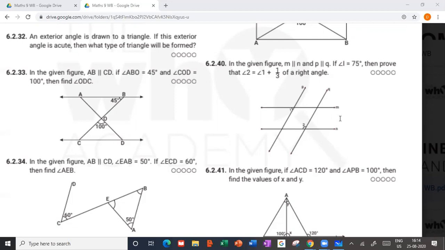If angle 1 is 75, then prove that angle 2 is 1 plus 1/3 of a right angle.